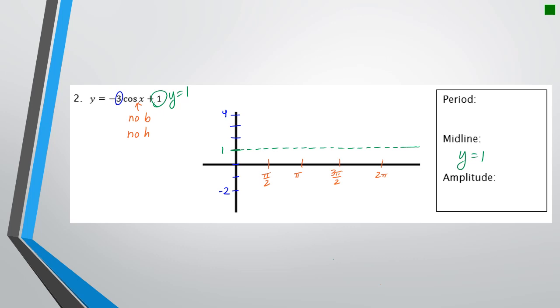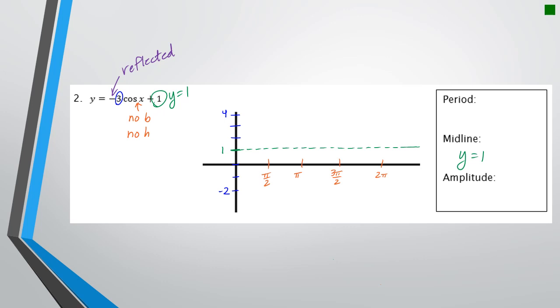And then the last thing we have to be careful about is this negative here, which tells me that my graph is going to be reflected. So we just have to be careful. Normally, when we start a cosine function, we would be up whatever our amplitude is from our midline, but now because it's reflected, we're going to be down that many.